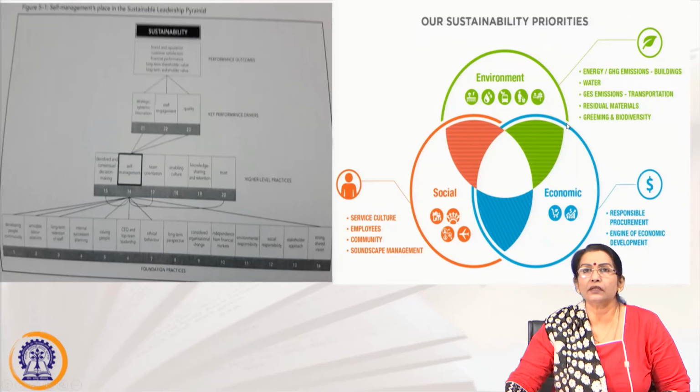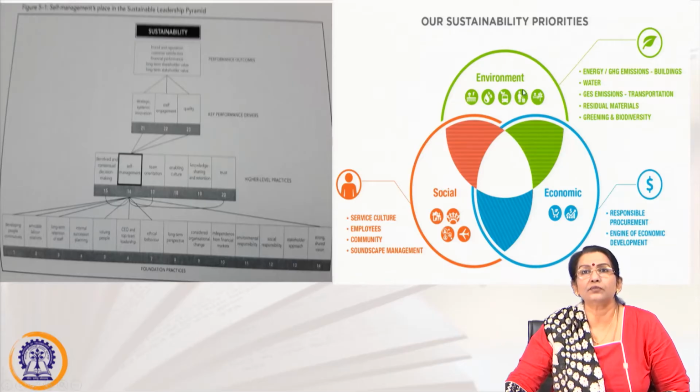In the economic aspect, there is responsible procurement and being an engine of economic development. That means the organization's economic driver should move not only towards conservation of resources, but also responsible procurement of raw materials, and towards achieving economic growth and prosperity.